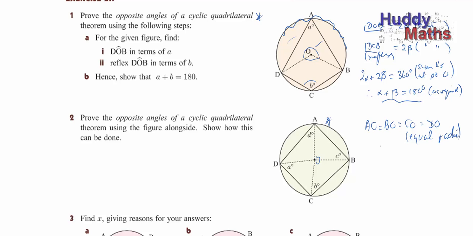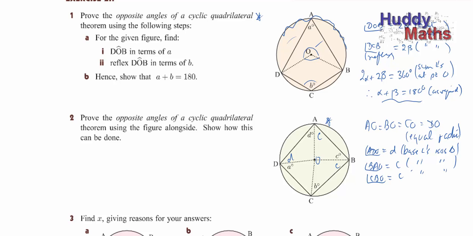Therefore, we can say angle ADO equals D, base angles isosceles triangle, and then also angle BAO equals C, base angles isosceles triangle, and angle CBO would be equal to C.